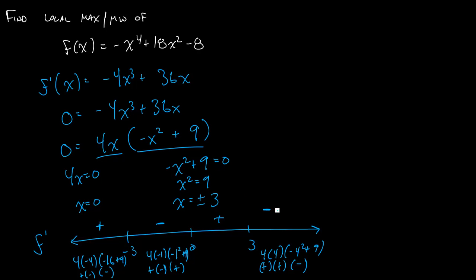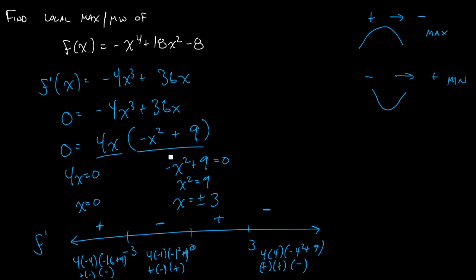And so if I want to identify which of these is a local min and which is a local max, I have to remember, a hint up here: positive to negative, that's increasing to decreasing, so that'll give me a max. If I go negative to positive, that's decreasing to increasing, so that's a min.